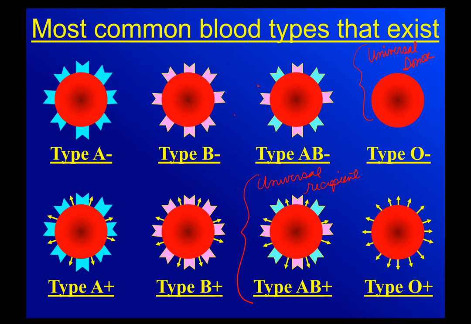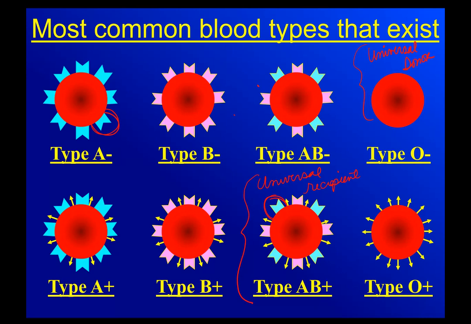So I can literally give B negative to AB positive. Why? See that? It's the same. So it's not going to see it as something foreign, as something that doesn't belong there. I can give them type A. There's the surface antigen, there's the A antigen, put it in their body, and they're fine with it because they recognize A as being normal.